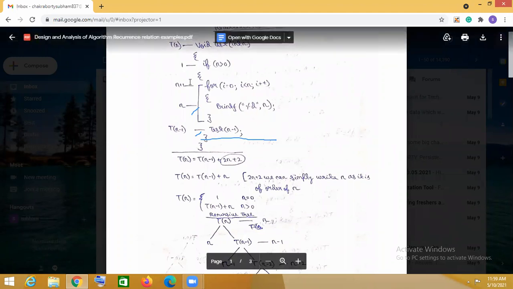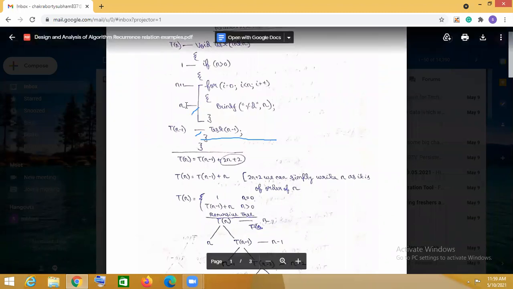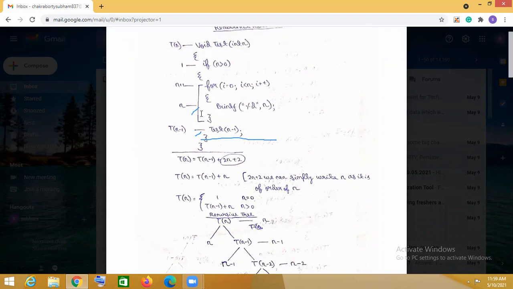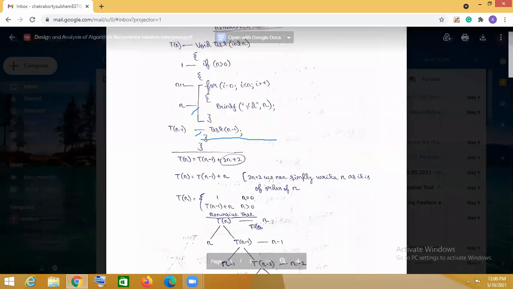So if we omit these two values, it will not make so much difference. You can see that the last value which we have is T(n) = T(n-1) + n. So mainly these three values, the total time, the recurrence time, and the statement present inside the loop, will be taken. That's why if we omit these two values, there is not so much problem.